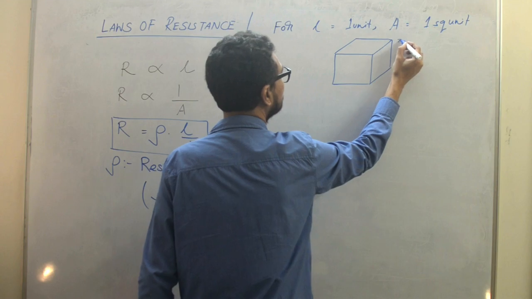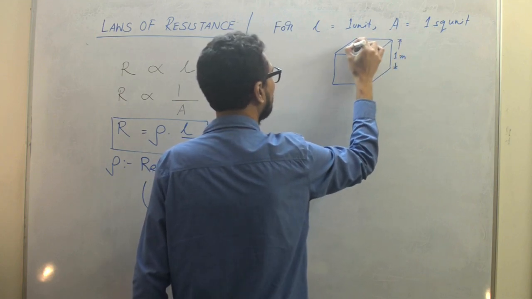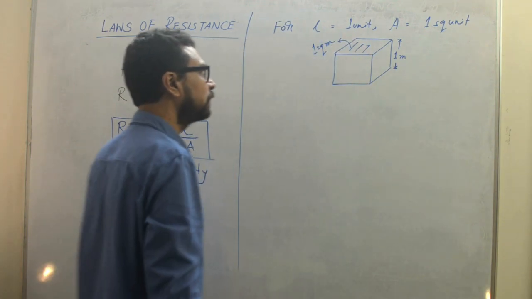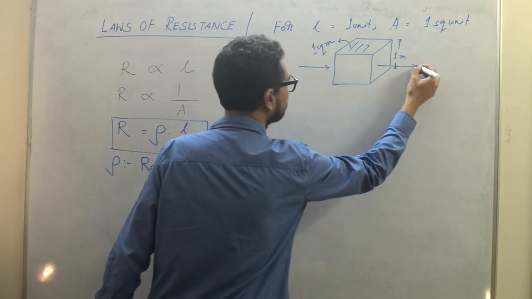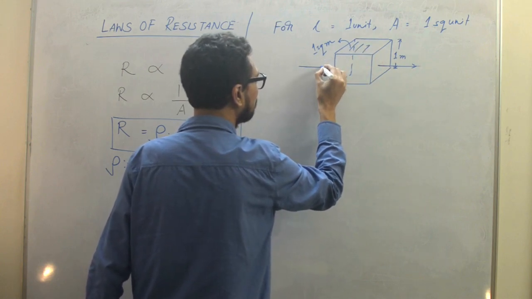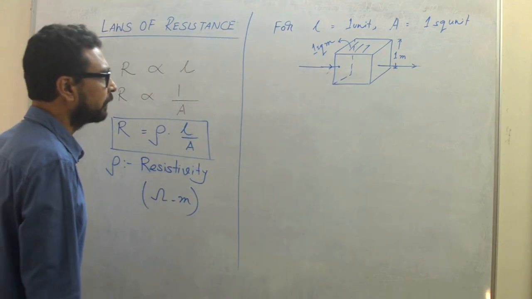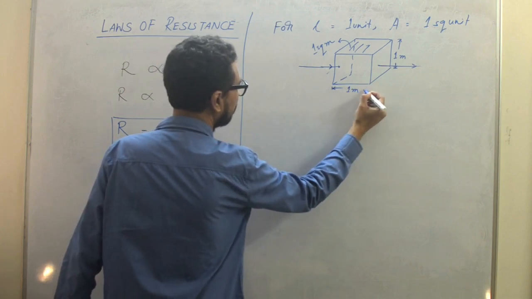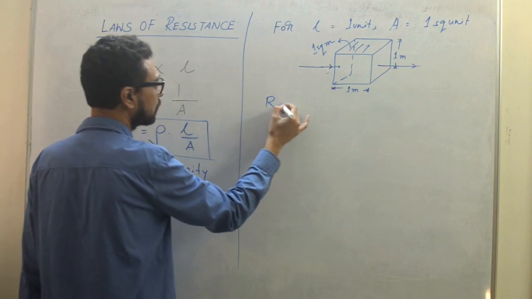If everything is 1 meter, then this area is definitely 1 square meter. And if you assume that the current is flowing like this, entering through this face and going out from there, you can see that if everything is 1, the area of cross section for these faces is 1, then R is equal to rho.